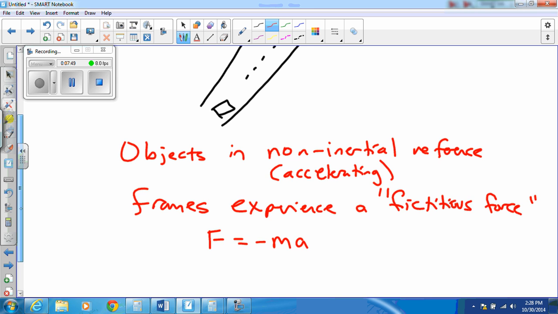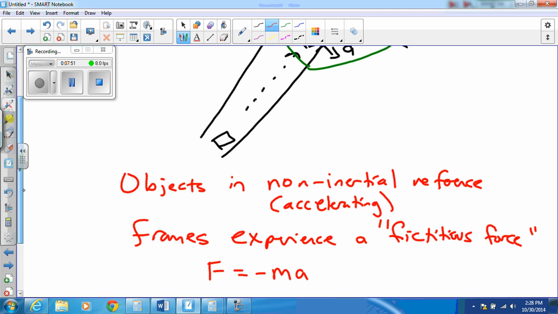Now, let me justify that statement in just a moment. But for now, here's what this means. The negative sign here means that the direction of that force is going to be the opposite from the direction of the acceleration.